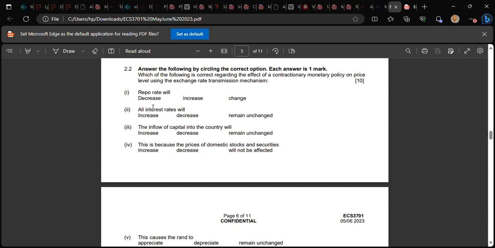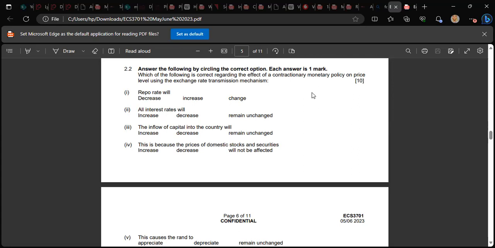So bear in mind that when we're discussing this, it's under the circumstances that all other interest rates in other markets in the world are held constant. So ours here in this instance, where there's a contractionary monetary policy, has increased relative to other interest rates in other countries. So here, the interest rates are basically giving us a bigger return, right? Like I gave in the example of the bond market.